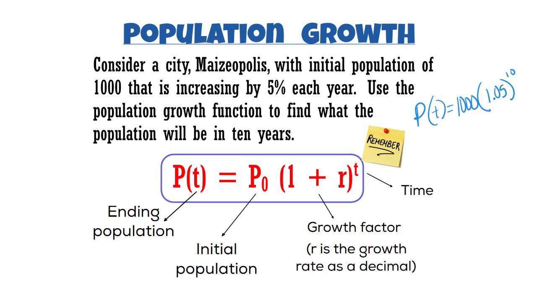And I've got a population of 1,628.89. To be honest, I'm kind of a fan of seeing that decimal value and knowing that you got a decimal on it.